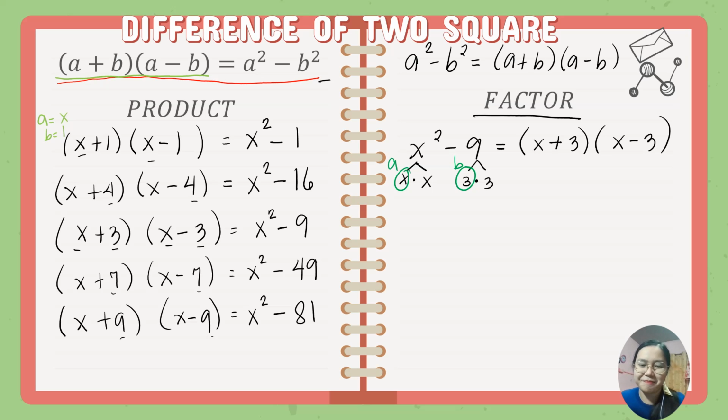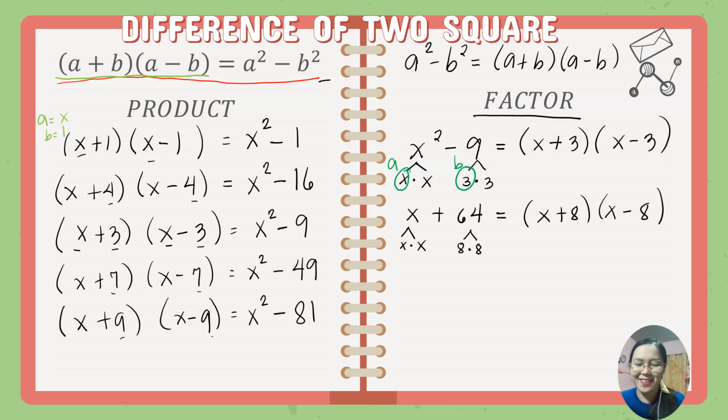Okay, next. What if the given is x squared minus 64? It is simply x multiplied by x, and 64 is 8 multiplied by 8. So we have (x plus 8)(x minus 8). Another, if we have 16a to the 6th minus 25b squared.